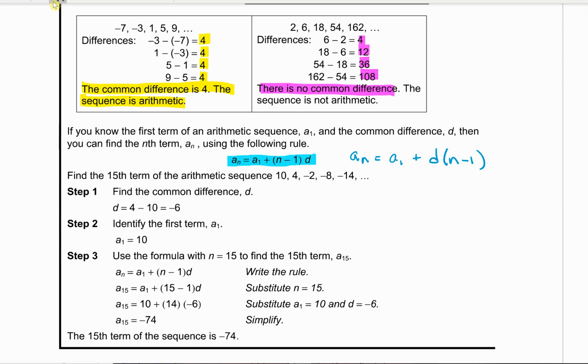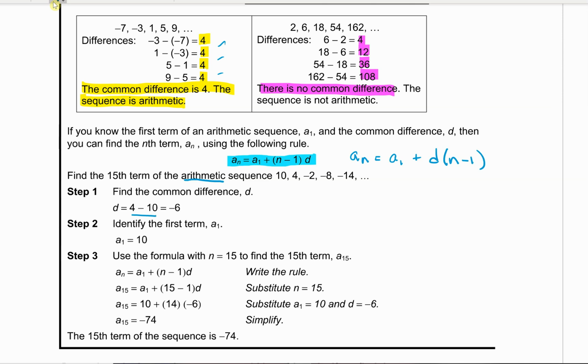Anyway, to find the 15th term of this sequence, we got 10, 4, -2, -8, -14. We first have to find the common difference. Now, the big clue here is they've already said it was arithmetic, so we don't have to find all the differences to check. We can just assume it is. So you just take the first two, and that's what they did here. 4 minus 10, they get -6.